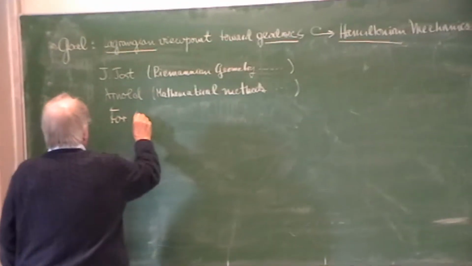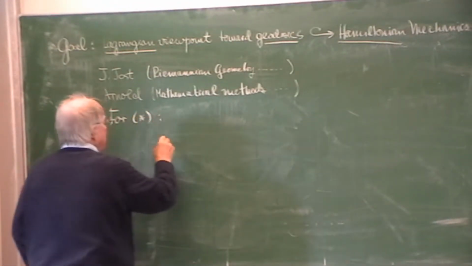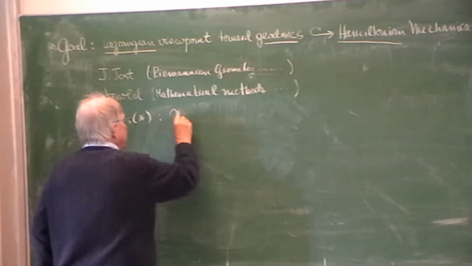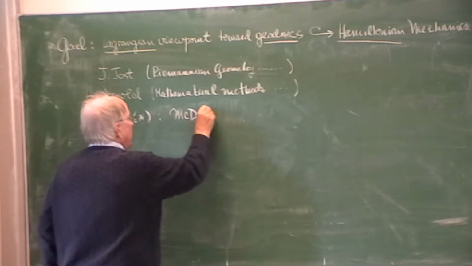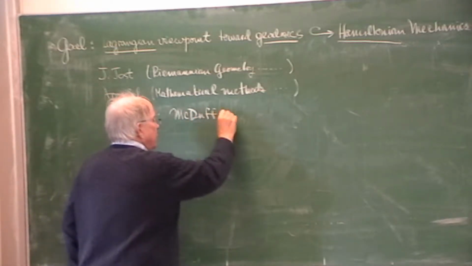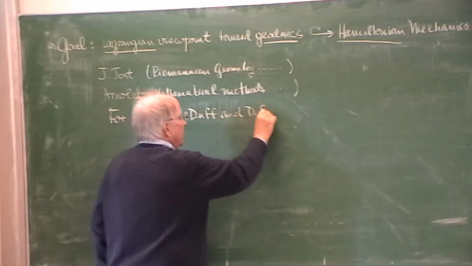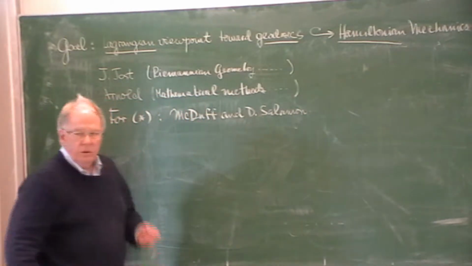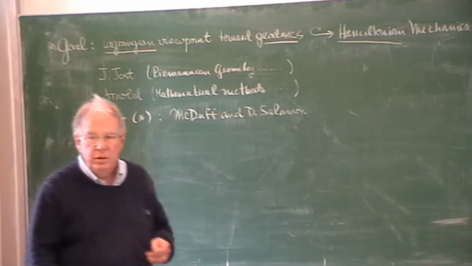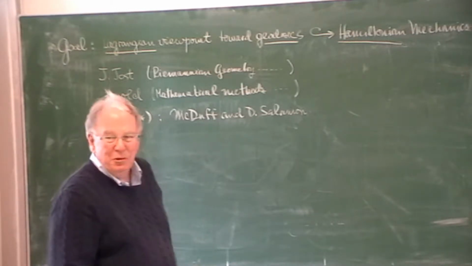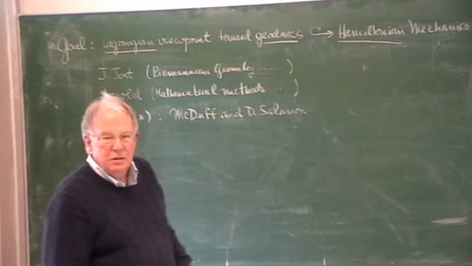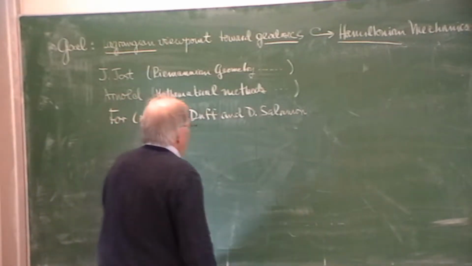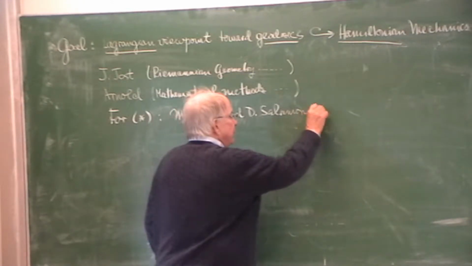For star, I don't know what to suggest, but one possibility is the book of Dusa McDuff and Dietmar Salamon. They wrote an elementary book on symplectic geometry, which was published maybe, for me, not so long ago, maybe 20 years ago, something like that.